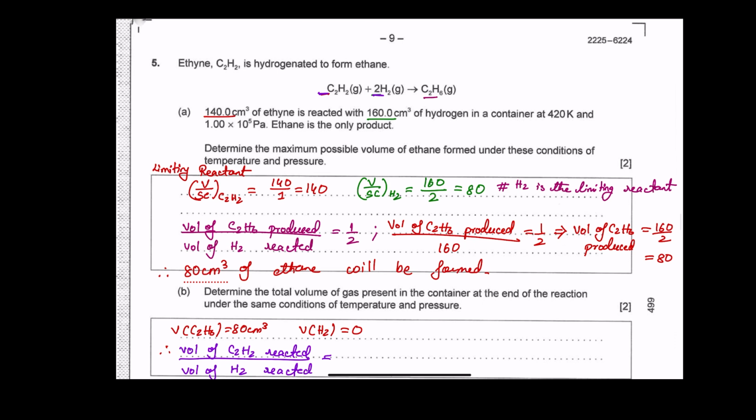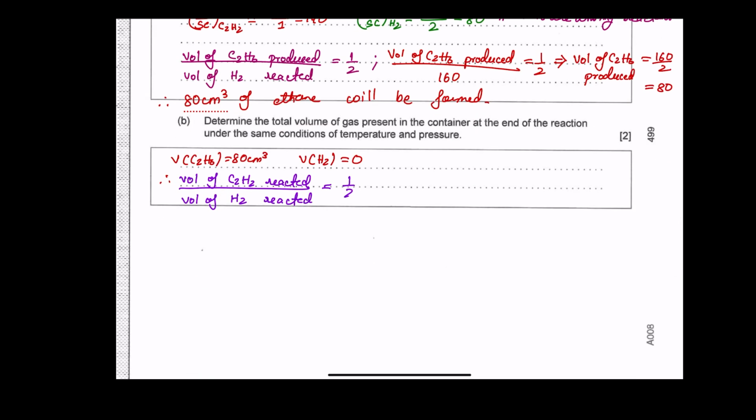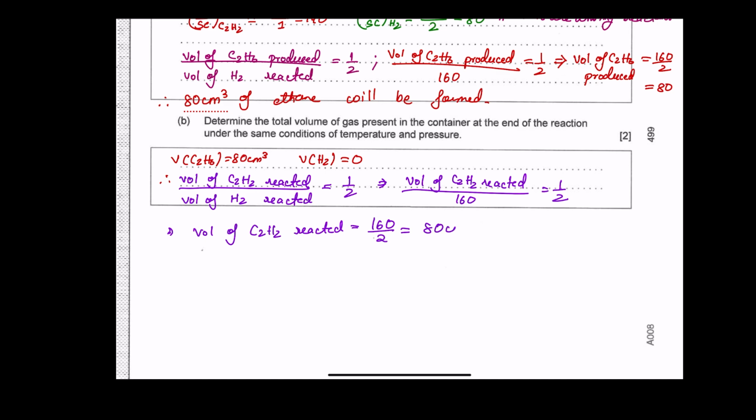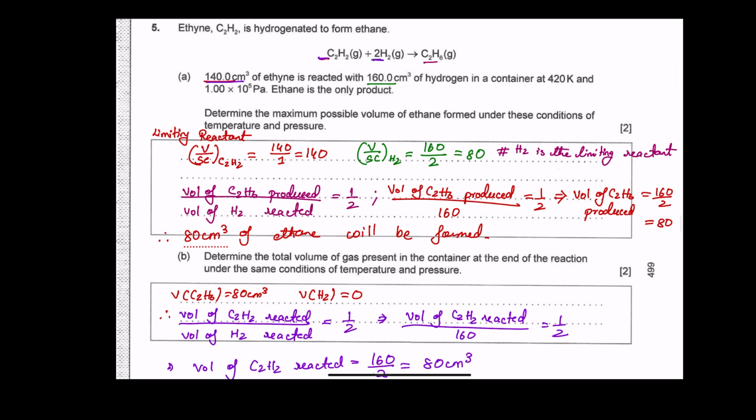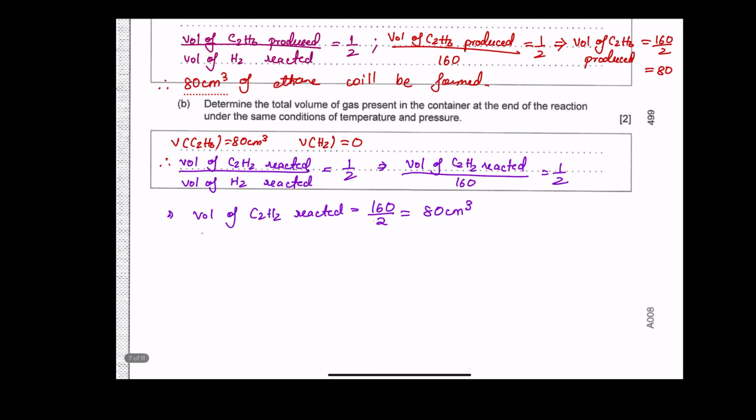C2H2 coefficient is 1, H2 is 2, so it's again a 1:2 ratio. With volume of H2 reacted being 160, C2H2 reacted is 160 over 2, which is 80 centimeter cube. So out of the initial 140 centimeter cube of C2H2, 80 centimeter cube will react, and the rest will be left unreacted.